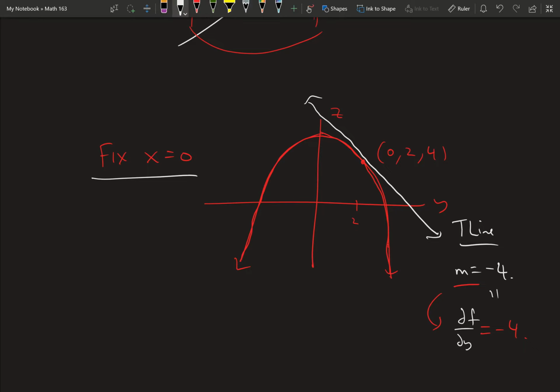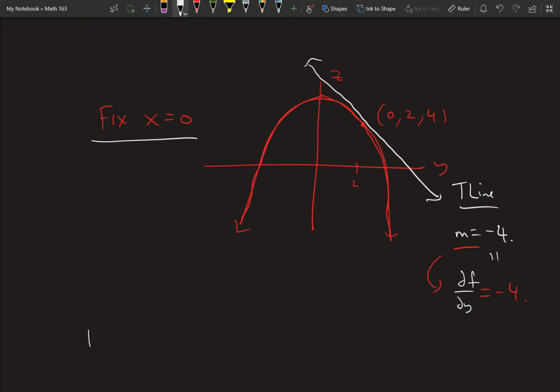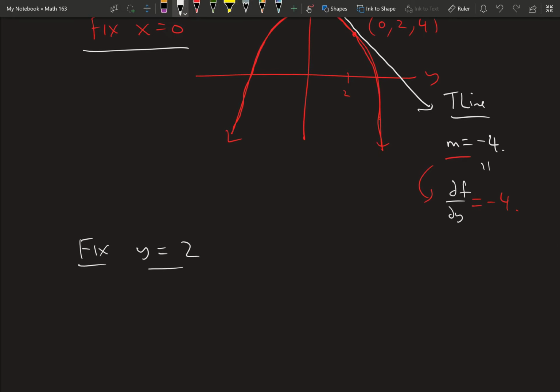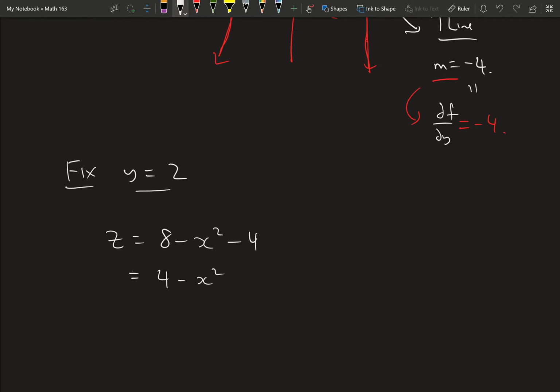In a similar way, if you fix y equals 2, what do you get? You get z equals 8 minus x squared minus 4, which is 4 minus x squared. And we're looking now at the point where x is 0, y is 2, and z is 4.